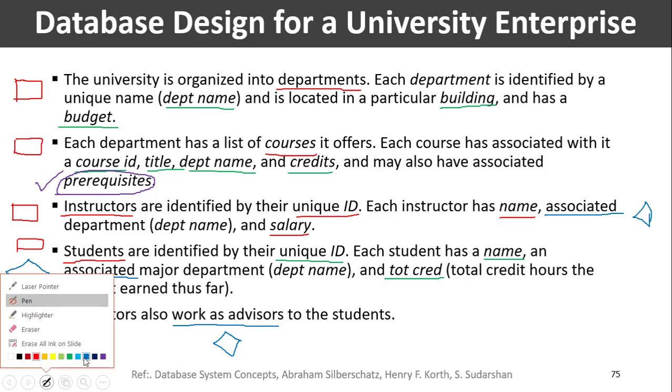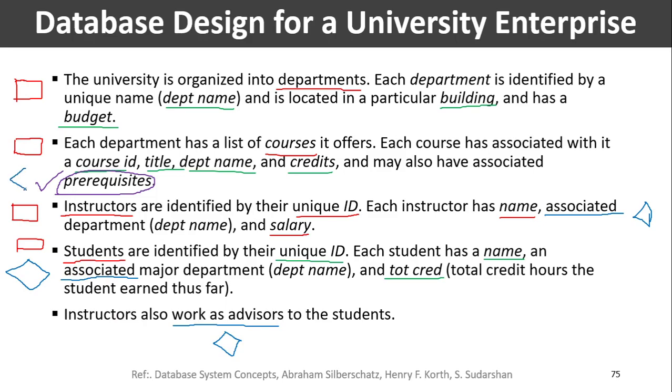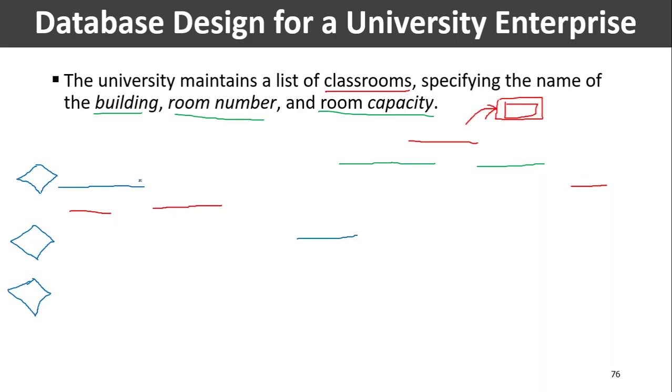So this prerequisite would be the relationship between which entity sets? Course and course. One course is a prerequisite for another course. So this would be a relationship between course and course. So we may make use of the role here to depict this information in the ER diagram.